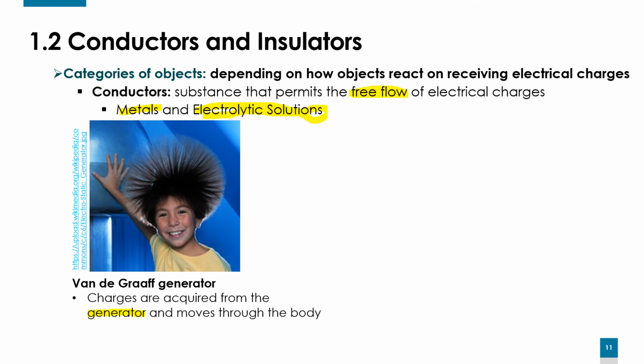When I touch it, this charge moves through my body. And then, why can I see it in my hair? Because if I'm receiving this charge, my hair is trying to go far away. They are repelling each other. So hairs move as far away from one another as possible, because they are receiving this charge from the generator. So I create electrical current inside my body. And this is not damaging because we have electrical current in our body.